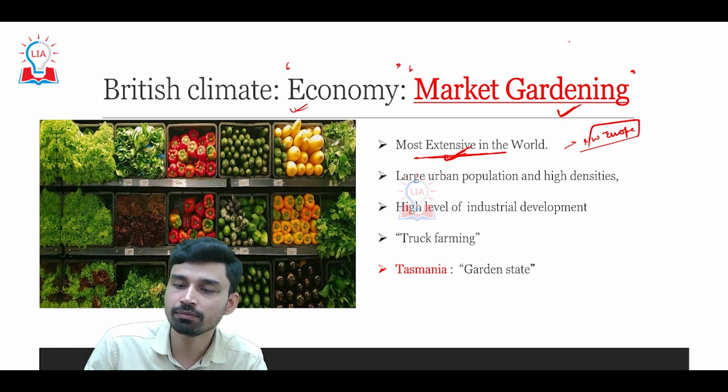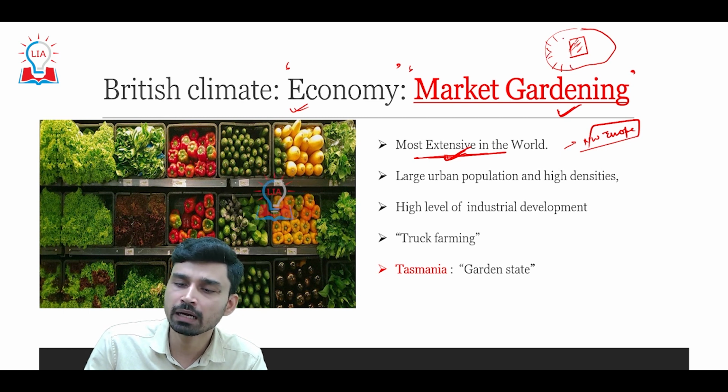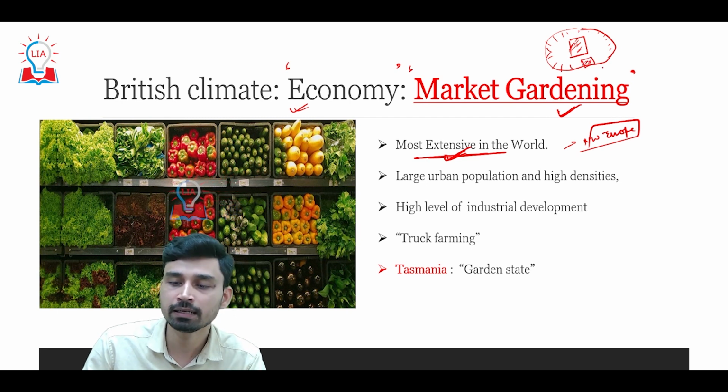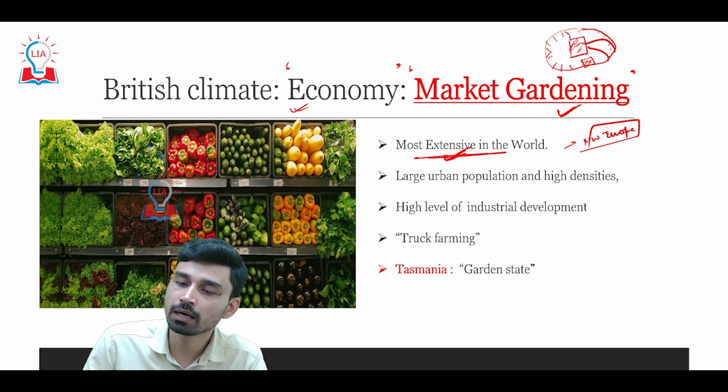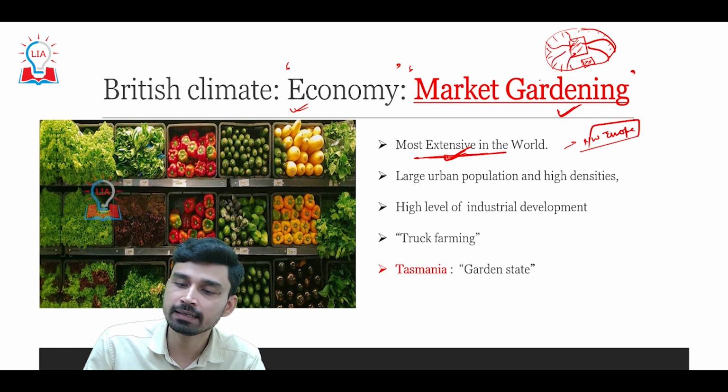Market gardening basically means you have a big urban center, and around this urban center you have farmland in which fresh fruits, vegetables and other different items are grown, and also dairying is practiced, the fresh milk is collected here, and all this is supplied to the urban center. That means the nearby areas to this urban center act like a garden for this particular market.